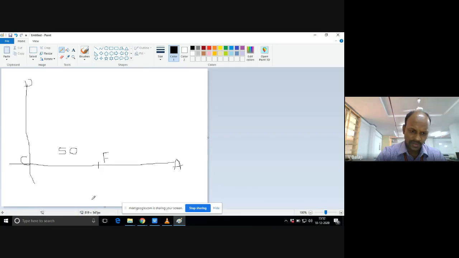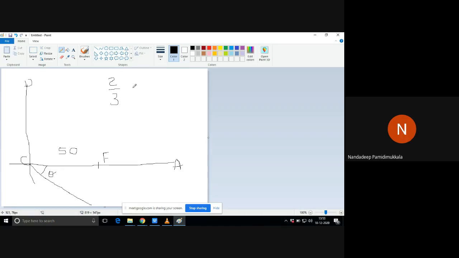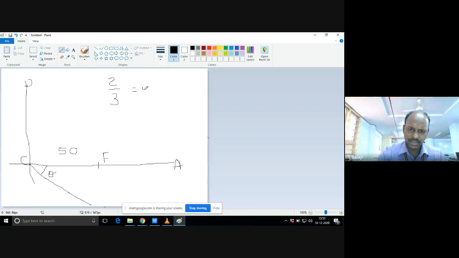Now, to divide this 50 mm line into 5 equal parts, first you need to draw one inclined line like this, of any length, at any angle theta. On that line, we need to divide this line CF into how many parts? 5 parts. 2 plus 3, 5 parts, right?